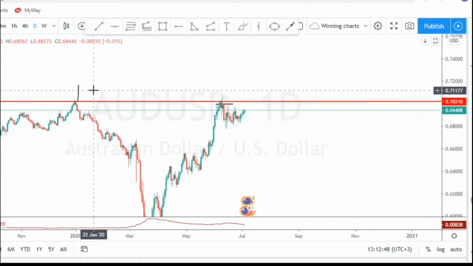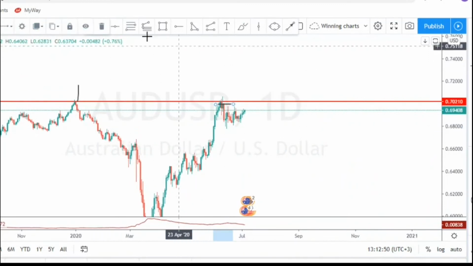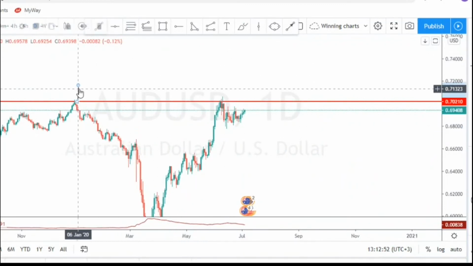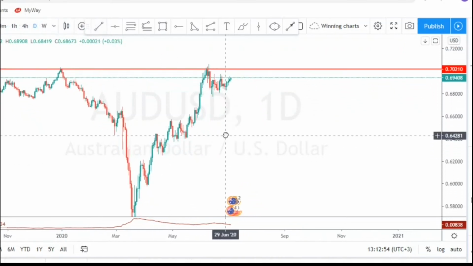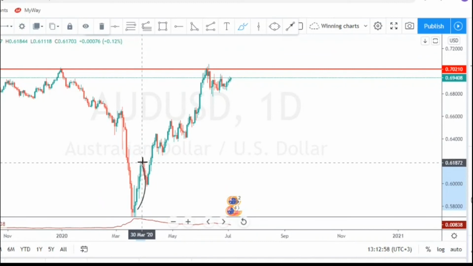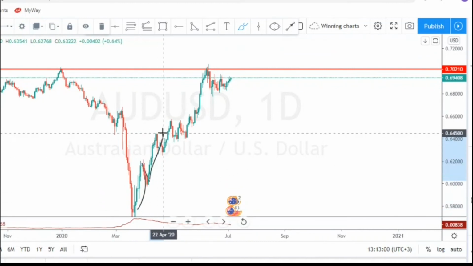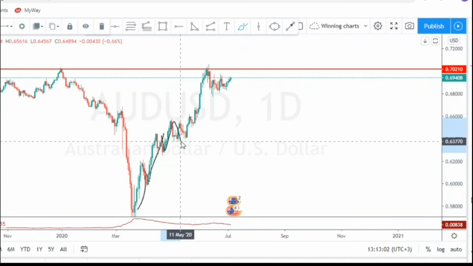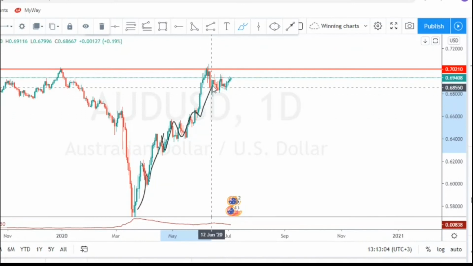So I have drawn my horizontal line here at the level of structure, resistance level, and as the market is making higher highs and higher lows, which is an uptrend, and got rejected at this point here.